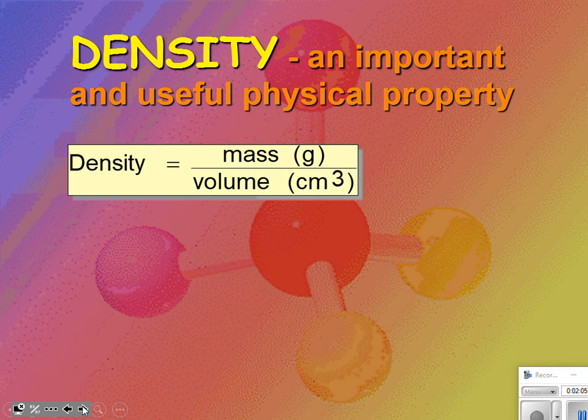Have we talked yet about the fact that 1 cm cubed is equal to 1 ml? If we have not, you need to know that. A cubic centimeter is equal to a milliliter.